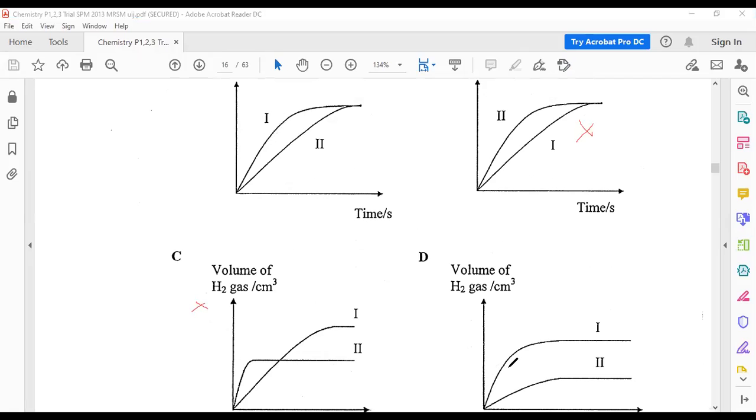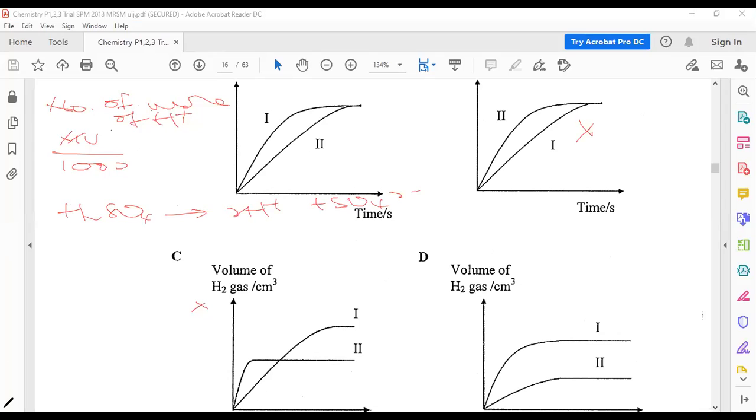Now, next part, we are going to calculate the MV over 1000, which is the number of mole of hydrogen ion. Okay. Now from our question, we will get that for part 1, the sulfuric acid will dissociate completely in water to form 2 mole of hydrogen ion because it is a diprotic acid.